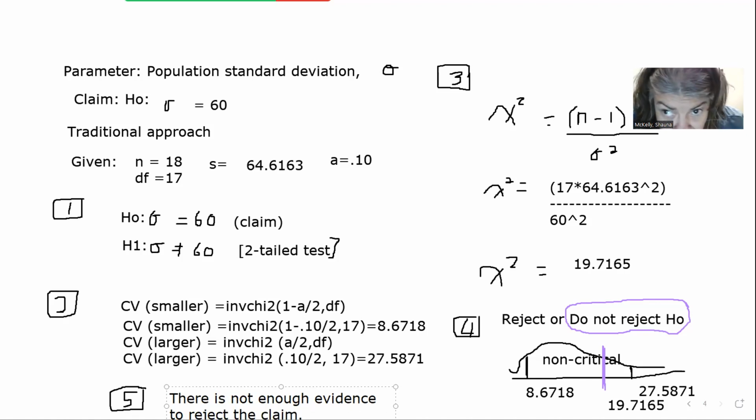When you do this, you want to make sure that you underline either is or is not. In this case, it is not. So we're going to underline is not right there. And reject. We're going to underline the word reject. So there is not enough evidence to reject the claim. And that is an example of hypothesis testing for standard deviation and variance using the traditional approach.